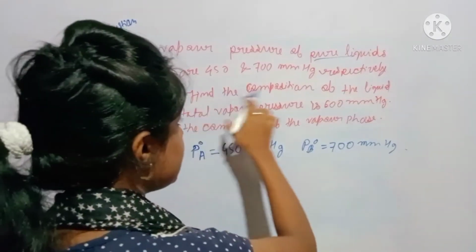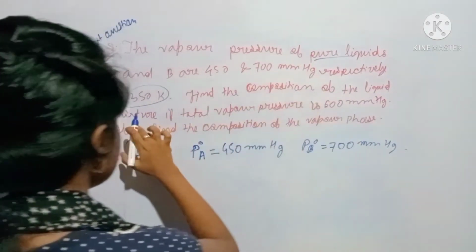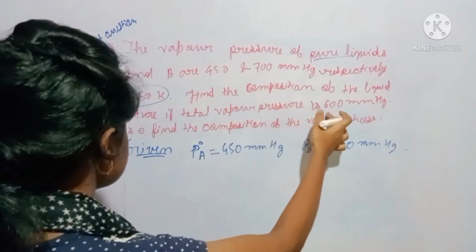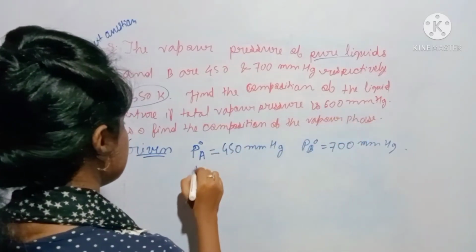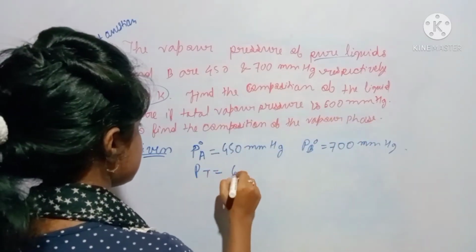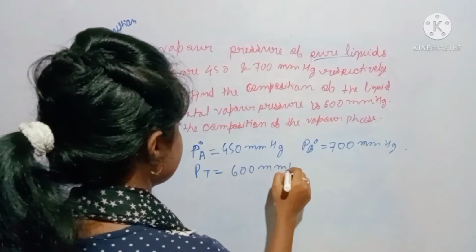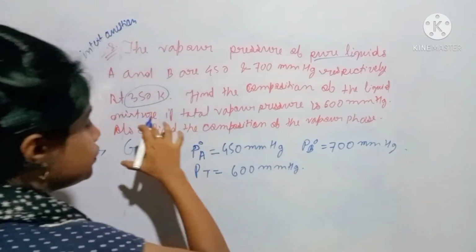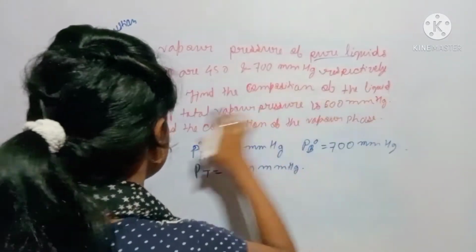After that, find the composition of the liquid mixture if the total vapor pressure is 600 mmHg. They also give the total vapor pressure, 600 mmHg, and we have to calculate the composition of the liquid mixture.